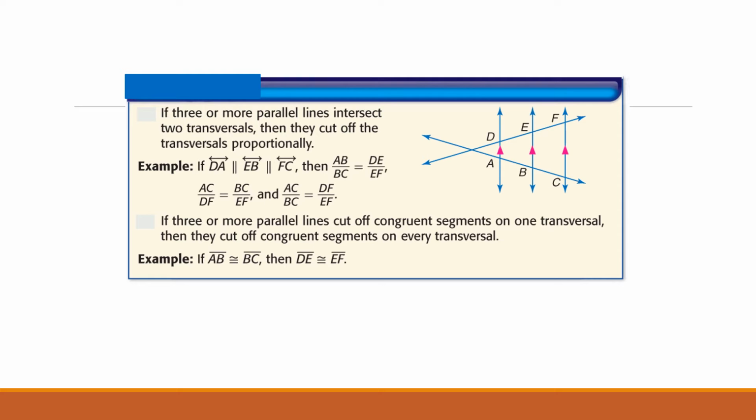So that means if DA is parallel to EB and also to FC, then you can take AB to the BC side equal to DE to the EF side, as well as you can take AC the whole thing to DF the whole thing, or part of it, BC to EF, or AC the whole thing to BC the part of it, to DF the whole thing and EF the other part of it.